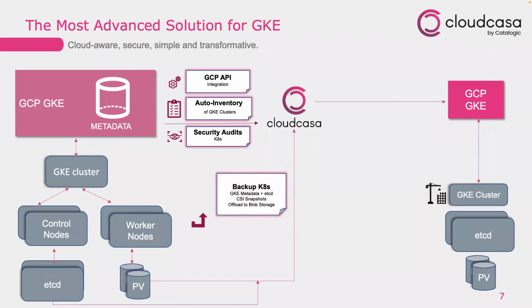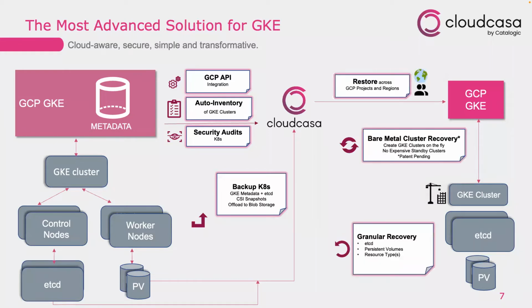You can see here, first of all, you do the backup. Part of the backup will capture your metadata, your etcd database, your PVC snapshots, and then send another copy to blob storage. It could be any of the object storage. And then when it comes to recovery, you can recover across different Google Cloud projects or across a different region.